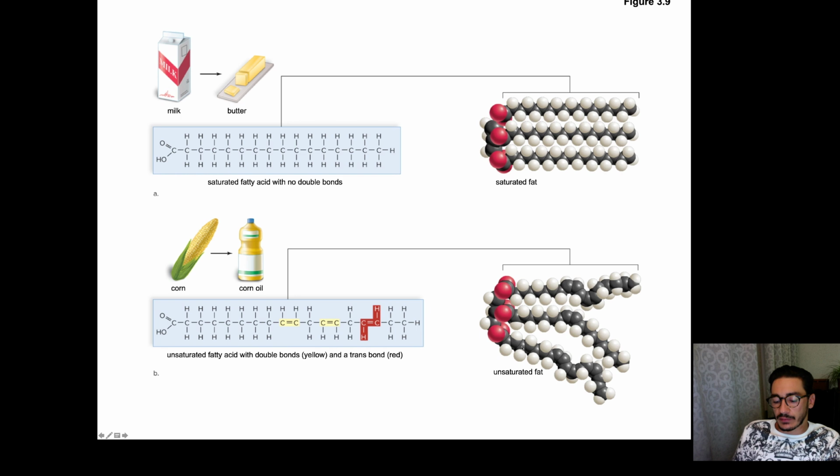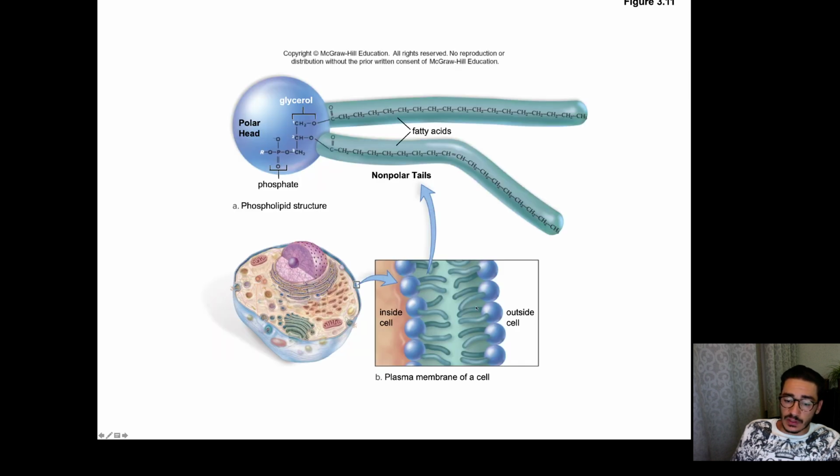But if you have in your diet a lot of unsaturated fats, right, like oils from plants, all oils from plants are unsaturated fats. It means they have a space between those tails, and they're going to improve the fluidity of your cell membrane.